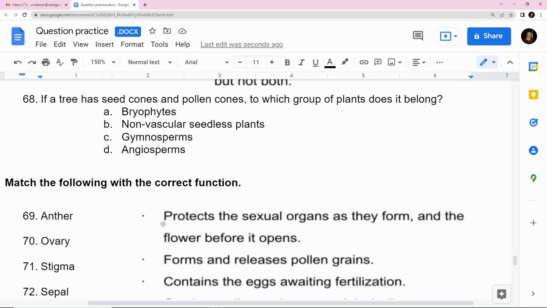Now question 68. If a tree has seed cones and pollen cones, to which group of plants does it belong? Bryophytes, non-vascular seedless plants, gymnosperms, angiosperms? If you said gymnosperms, you'd be correct.